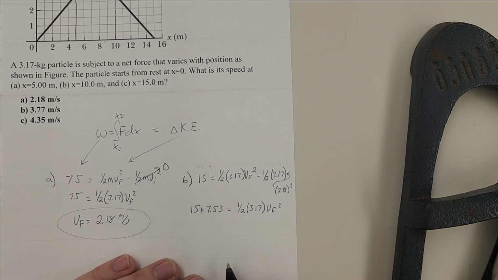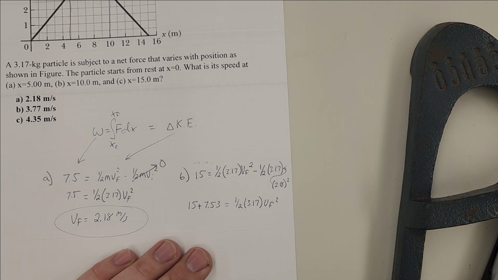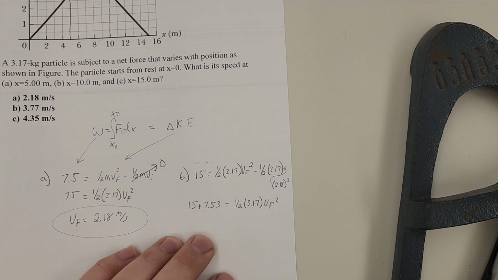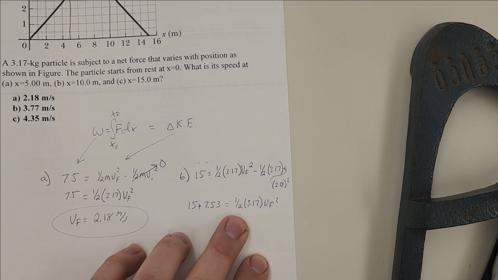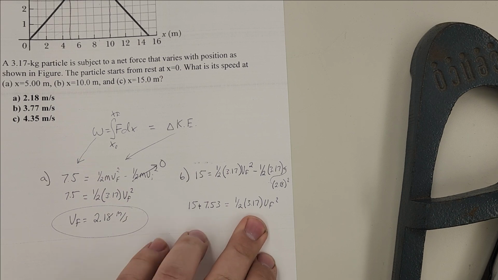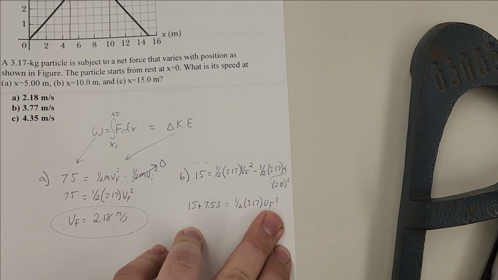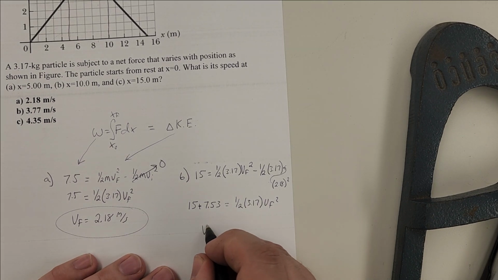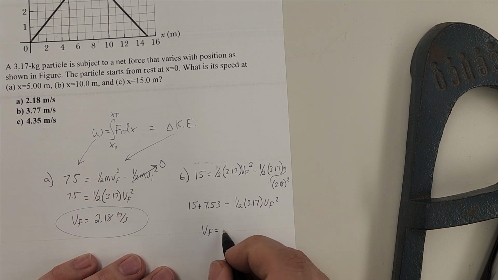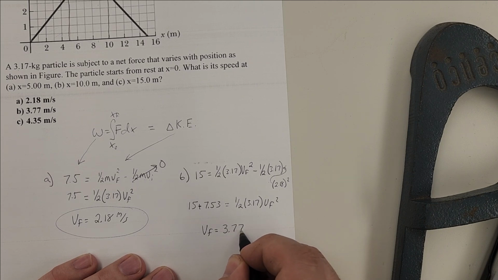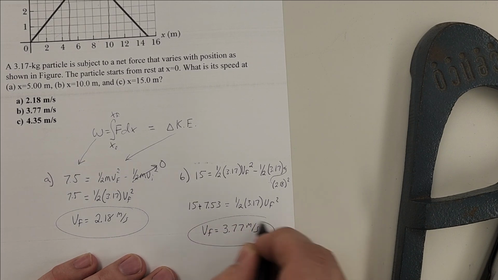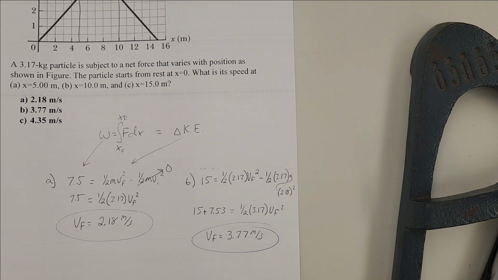So we'll add 7.53 to the 15, then multiply by 2 to get rid of the half, divide by the 3.17 to get rid of that, and finally take the square root to get rid of the square. If we do all that out, we get a value of 3.77 meters per second.